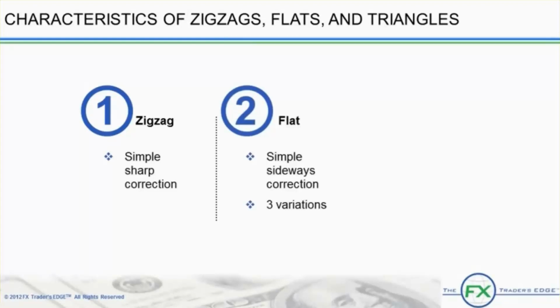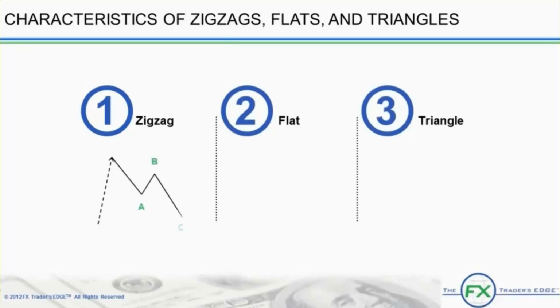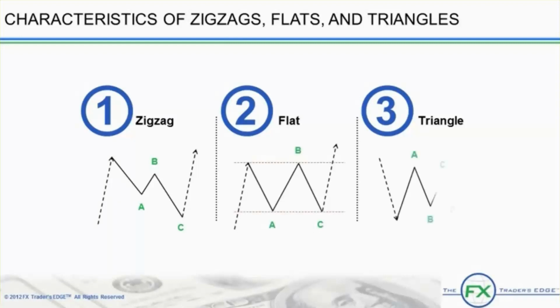There are 3 variations, and triangles are also described as simple, sideways corrections. There are 4 variations. Notice the simple, sharp correction of the zigzag. Notice the sideways movement of the flat. Notice the sideways 5-leg sequence of the triangle. How would you like to be able to identify these patterns in the market as they are unfolding?